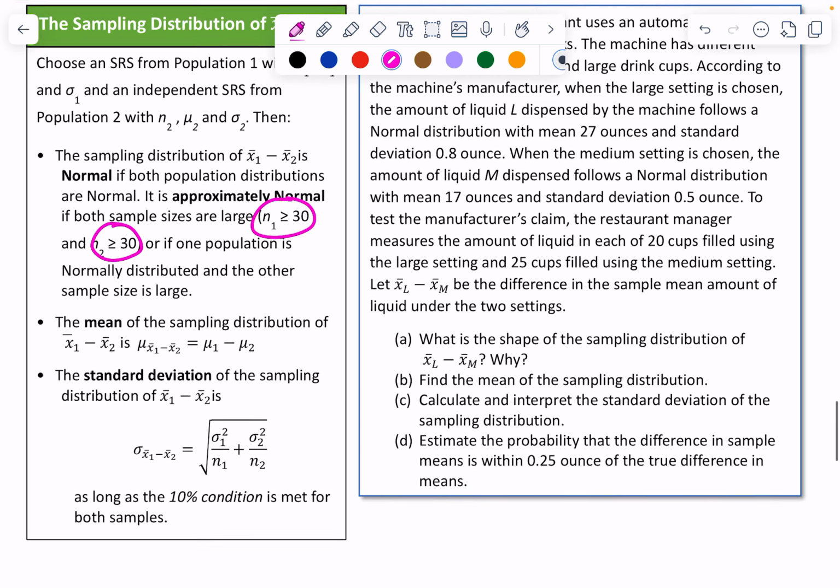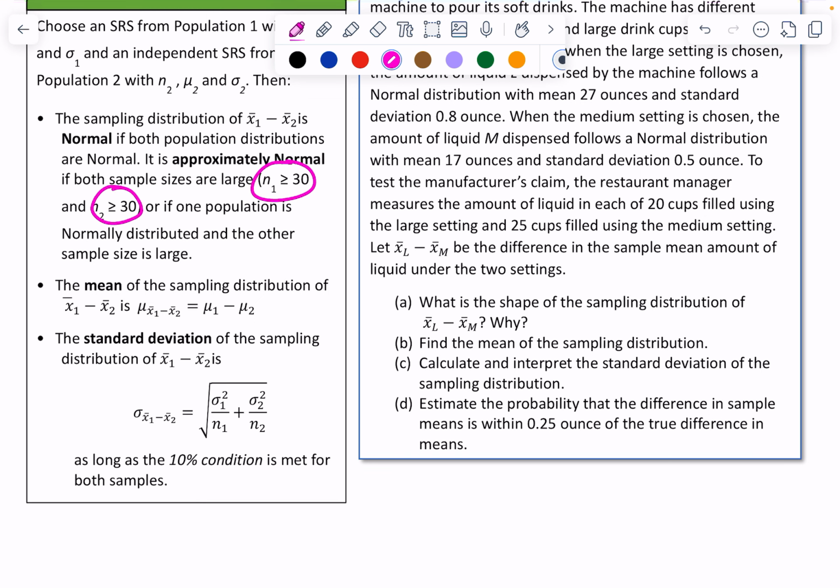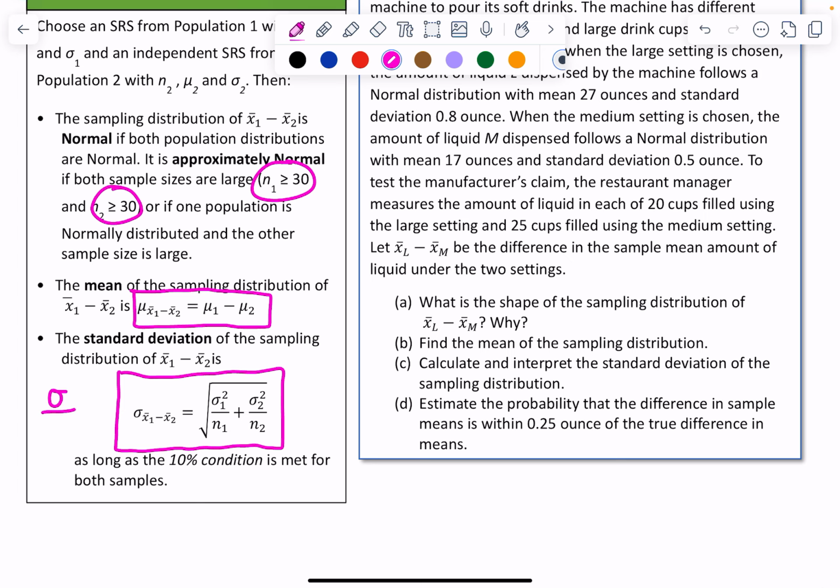We're going to find the new mean by exactly what we did before. We just subtract the old means. And we're going to find the standard deviation with this lovely formula. It is, just like in the previous chapter, square them, add them, square root them. But they already did it for us in this formula. This was the standard deviation from this section already.